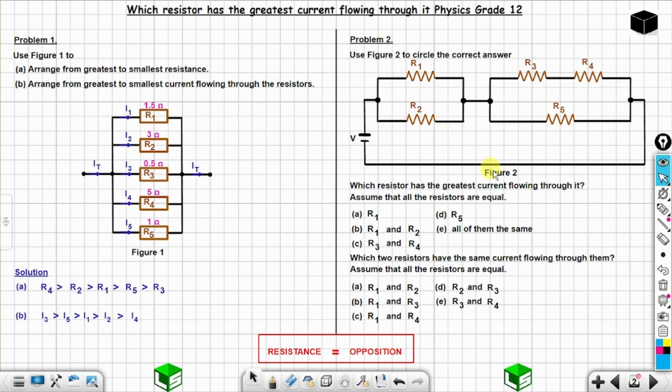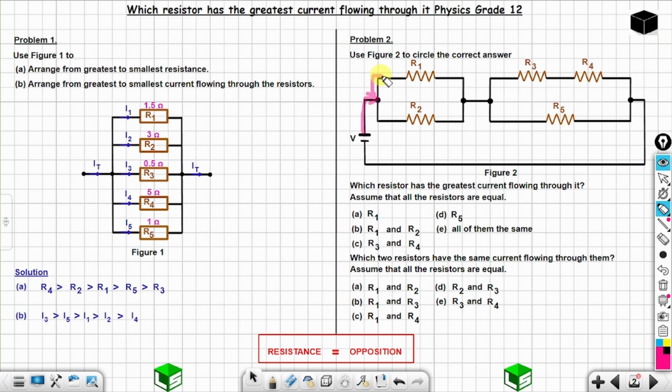Now, problem number 2. Use figure 2 to circle the correct answer. Which resistor has the greatest current flowing through it? So let me show you. The current that is coming from the battery flows until it reaches a splitting point, a junction.